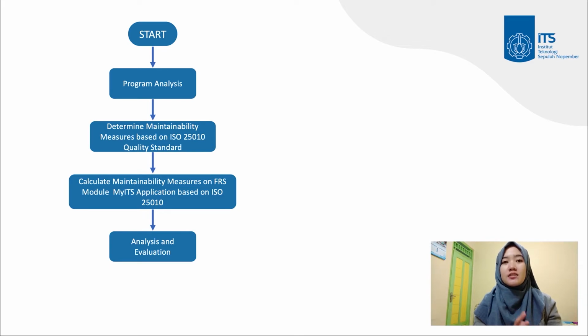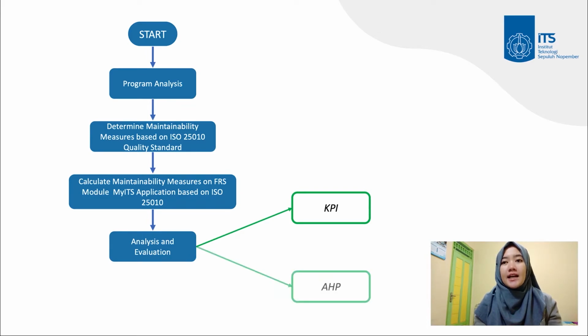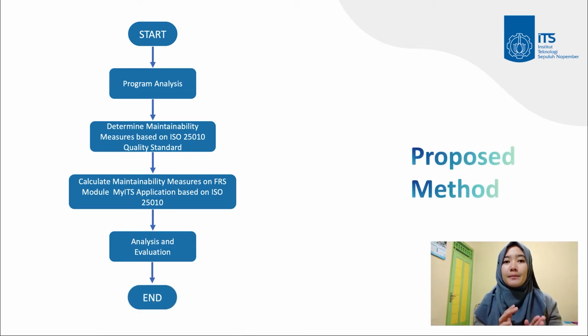To get the result of the analysis, we use key performance indicator weight with the analytical hierarchy process method. In this method, we do a weighting for each point on the sub-quality of maintainability, so we can determine the quality of the FRS module on the myITS application.